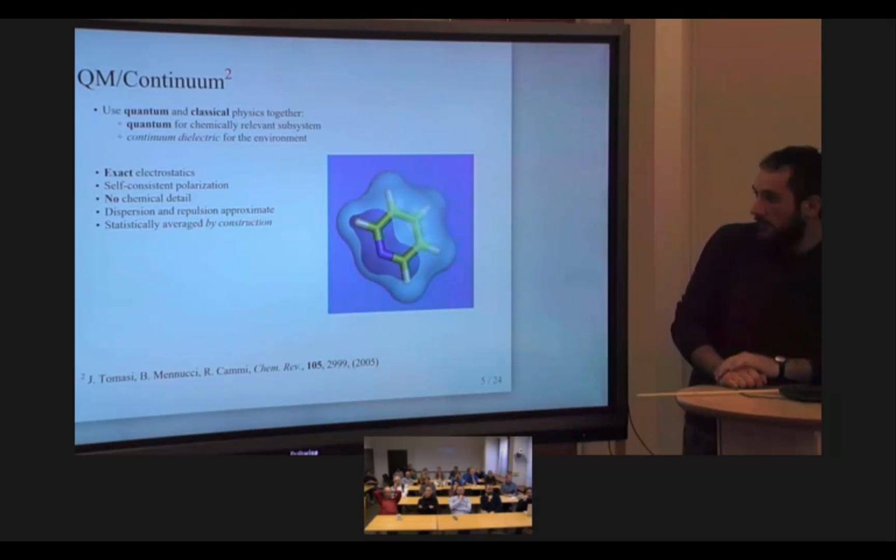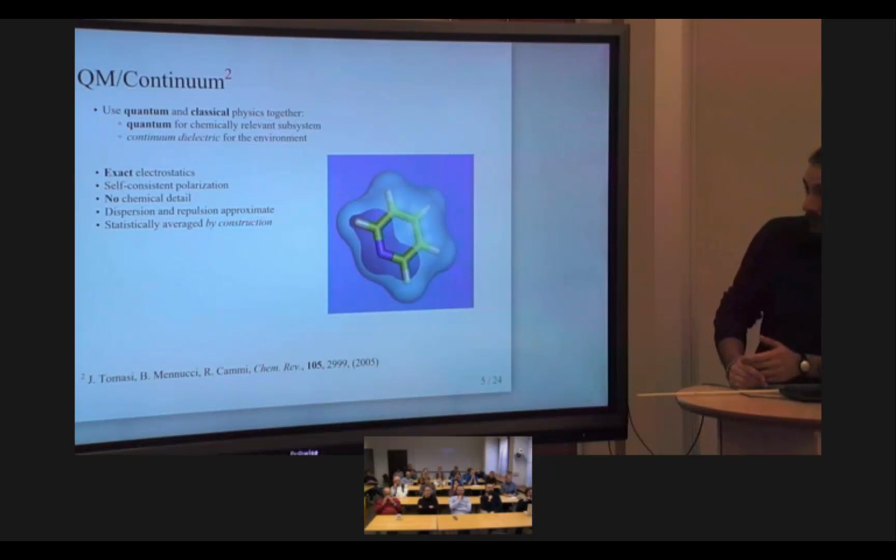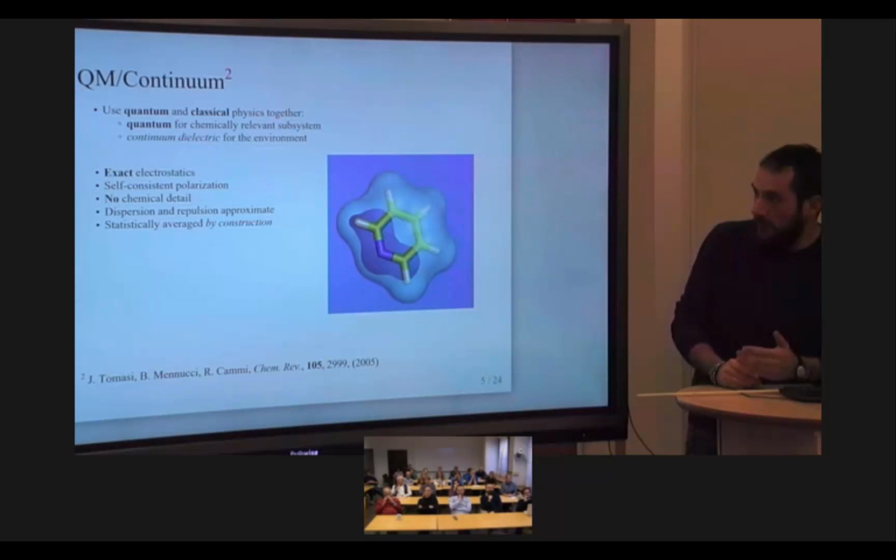The advantage is that since we will use macroscopic dielectric constant, macroscopic properties of the solvent, statistical averaging is in the model by construction. We do not have a model for dispersion and repulsion unless we add it approximately on top. But we get exact electrostatics because the description is exact and recovers the Coulomb interaction between the solute charge density and the continuum.